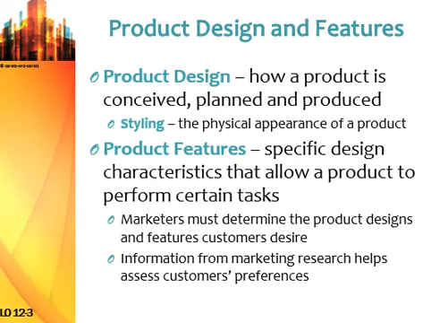As we said, products can be differentiated based on design and features. Design is how a product is conceived, planned, and produced. A related term is styling, the physical appearance of a product.